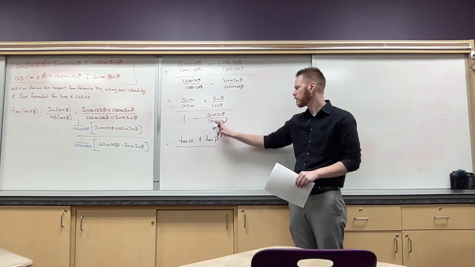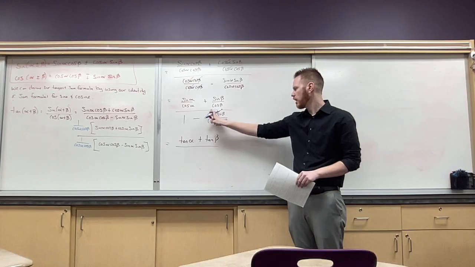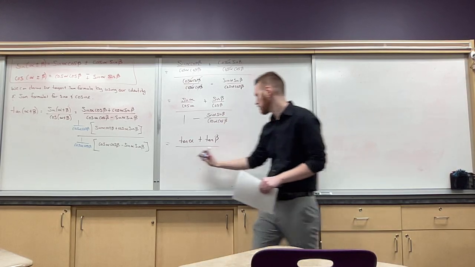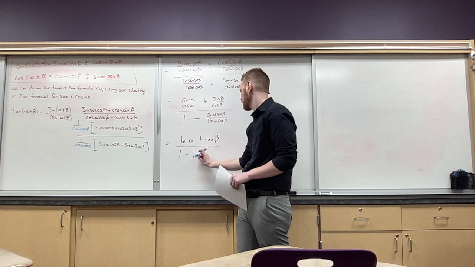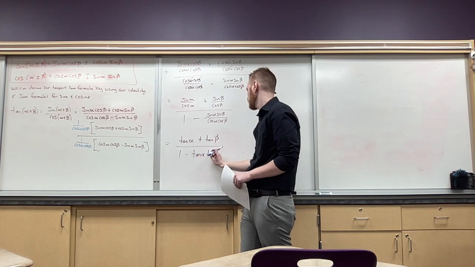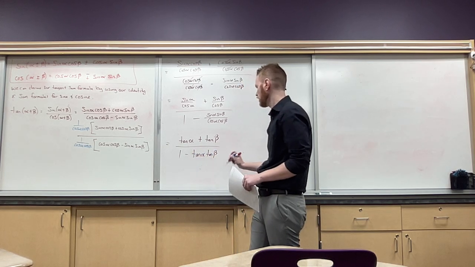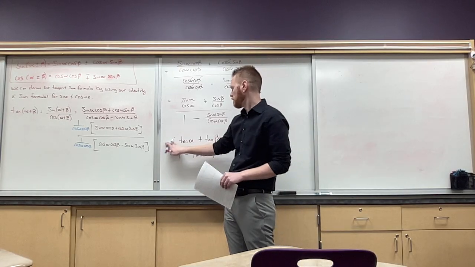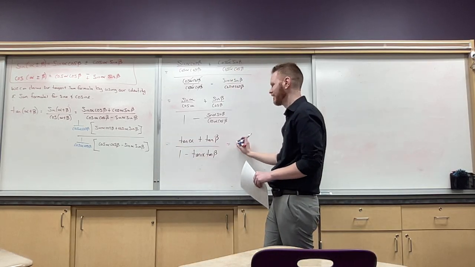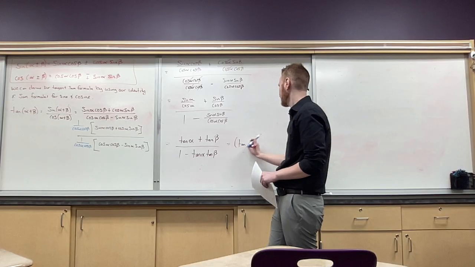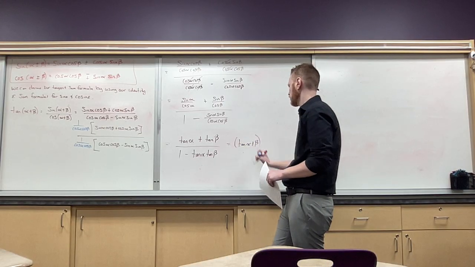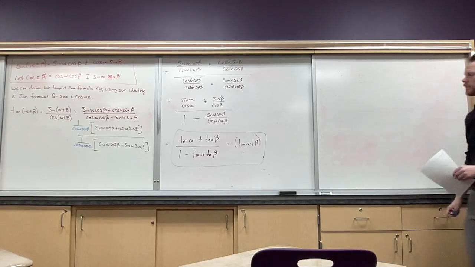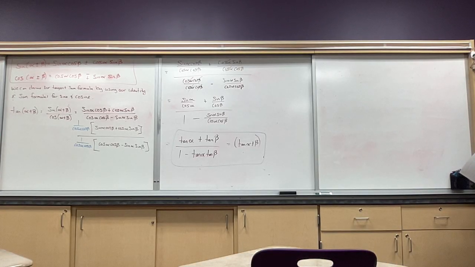I mean, they're combined in one fraction, but I have a tangent of alpha for this part of the fraction, and a tangent of beta for that part of the fraction. So this becomes 1 minus tangent of alpha times tangent of beta. And there we go. So let me, this is gonna be backwards. That's okay. So that's what tangent of alpha plus beta is equal to. So this is our next formula that we'll be using. Okay?